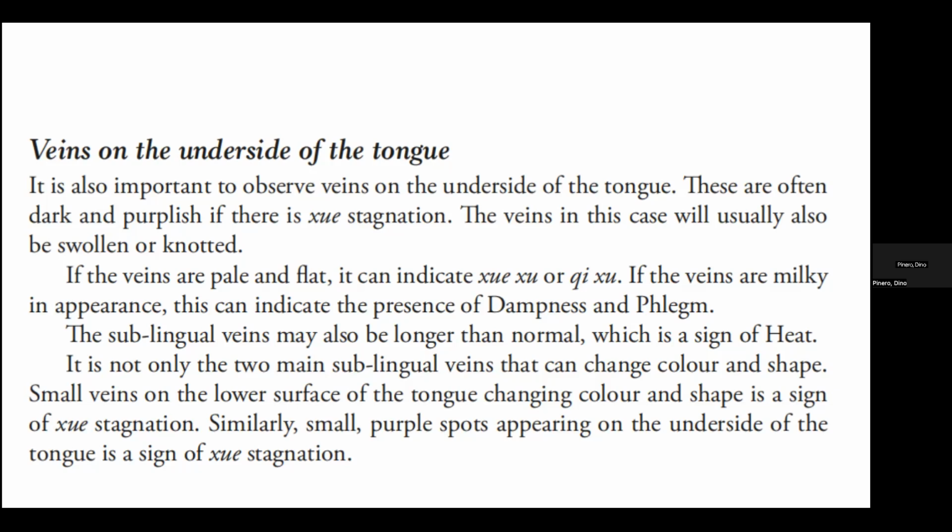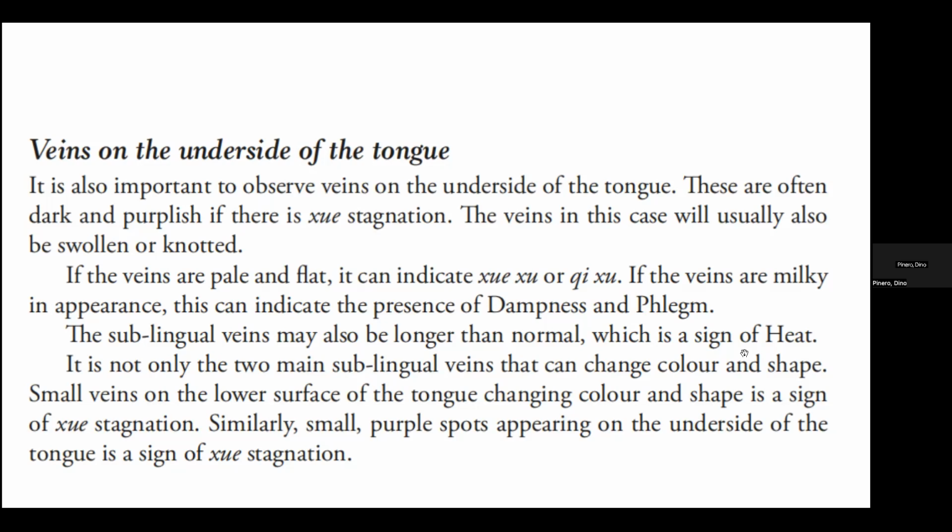Yung sublingual veins may also be longer than normal. Usually dapat po maikli lang siya, pero kung this one longer than usual, this is also a sign of heat. It is not only the two main sublingual veins that can change color and shape. Small veins on the lower surface of the tongue changing color and shape is a sign of blood stagnation.